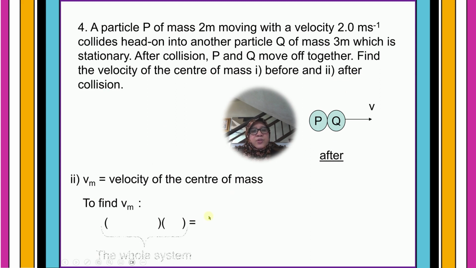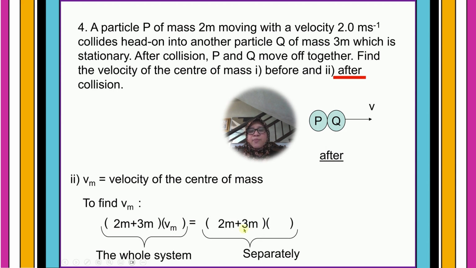For the whole system, they move off together, so we still use the total of the masses: 2m plus 3m times the velocity of the center of mass. After collision they are not individual, they move off together, so again it's the same 2m plus 3m times the v that we calculated from the previous slide.